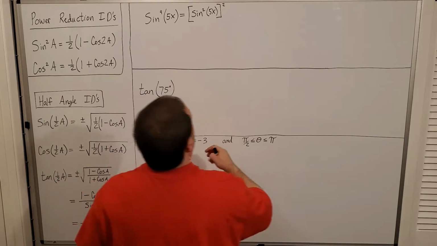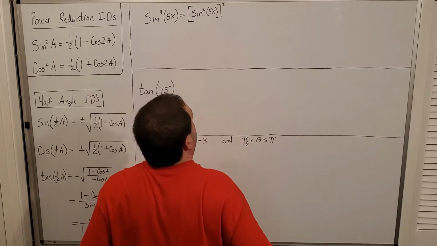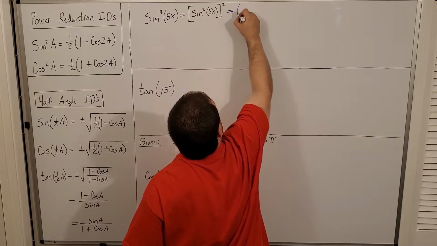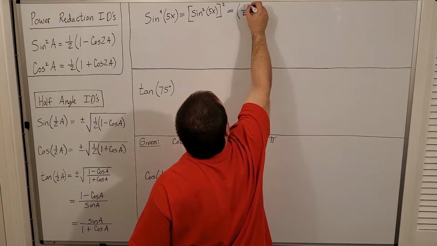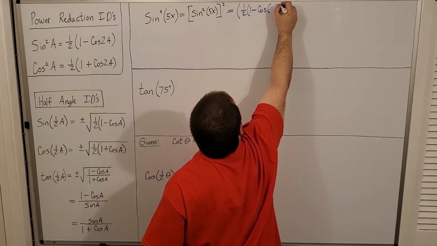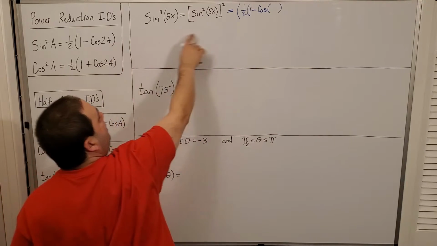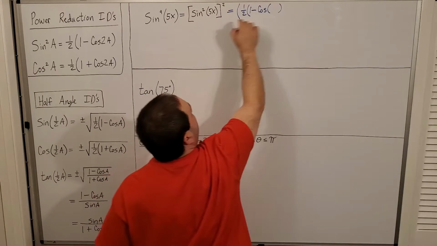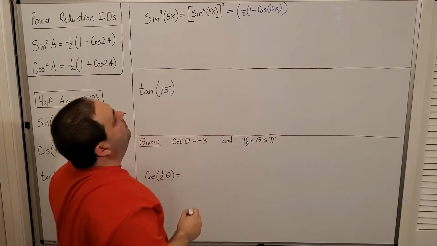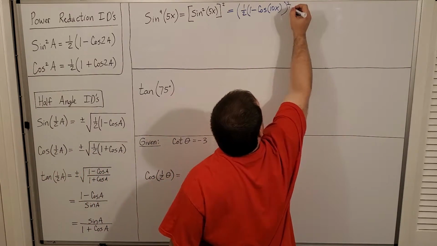Okay? So then from there, this piece looks like this. I'll actually get 1/2 of 1 minus the cosine of, now this is 2a here, right? This is double the angle. My angle is 5x, so that would mean 10x, because it's 2 times the 5x. And then of course that whole thing is being squared.